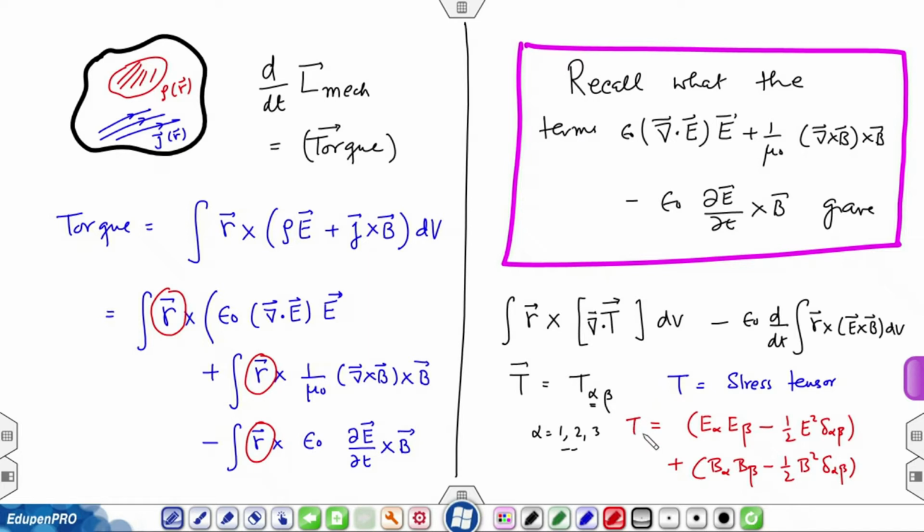This was T alpha beta. That is what this stress tensor was. So, let us write this explicitly.